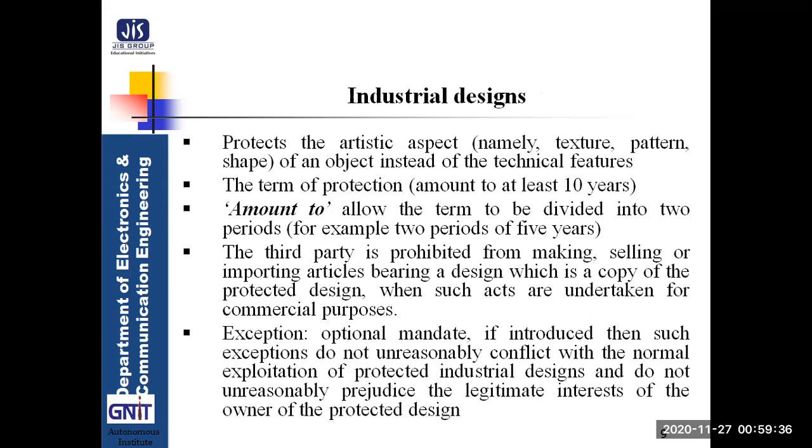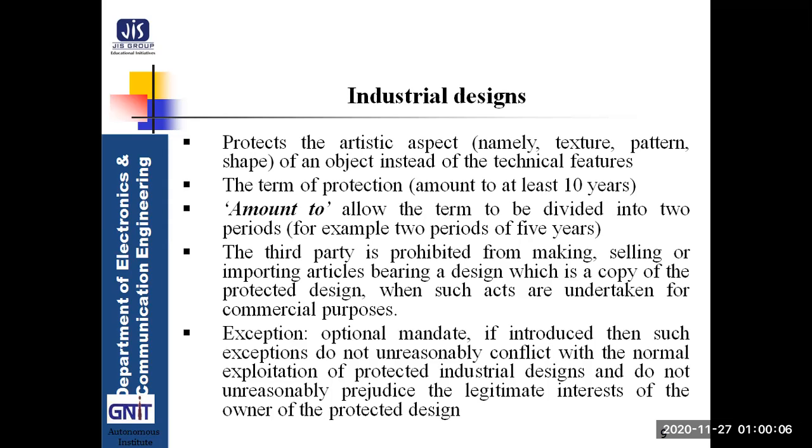The next aspect is industrial design. It protects the artistic aspect of an object instead of the technical features. So industrial design is particularly related to the design or pattern or texture or shape. The term of protection is a period of 10 years. Some countries allow the term to be divided into two periods, for example, two periods of 5 years.